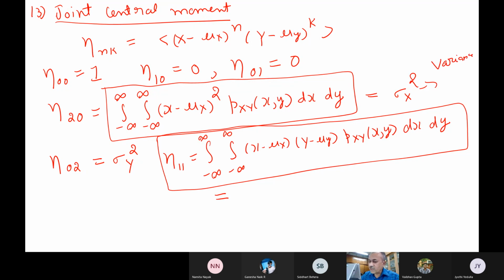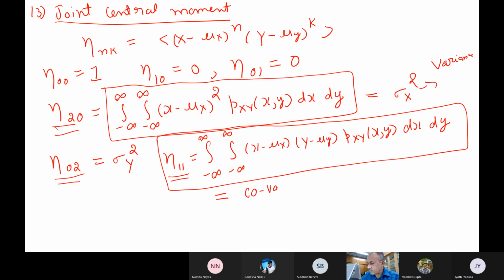If you compare units, eta 2 0 and eta 0 2 are squares, and eta 1 1 has the same units. If x and y are in centimeters, variance will be centimeter square, and this also will be centimeter square because x is centimeter and y is centimeter. Units are all the same. So what is this known as?